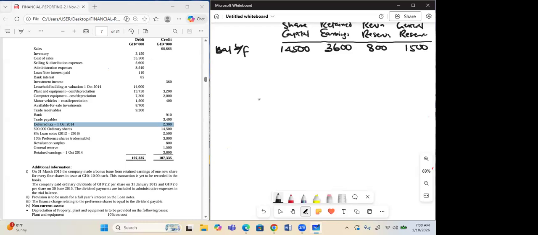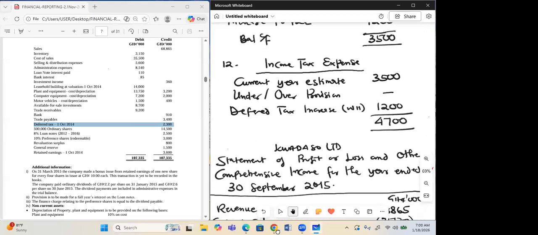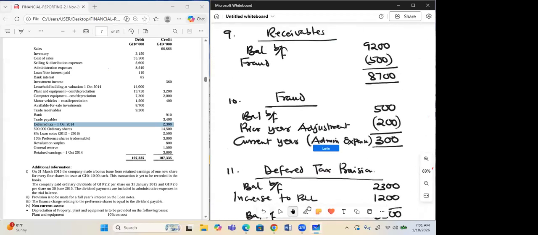Now there was a prior year adjustment, the fraud. Do you remember in the fraud there was a prior year adjustment? Yes. That's working number 10.